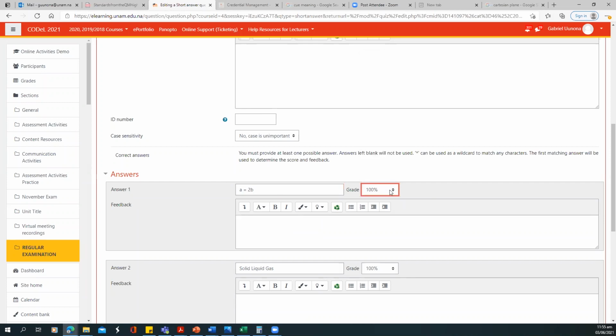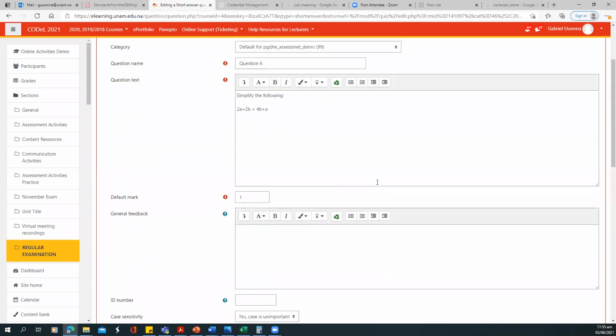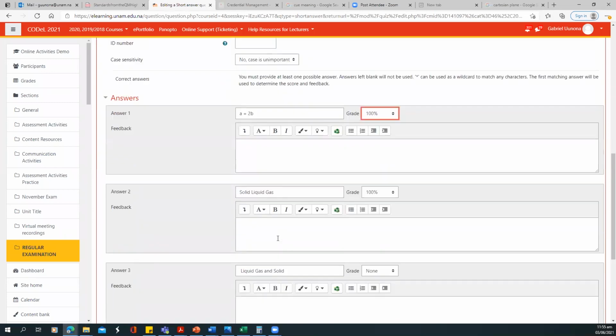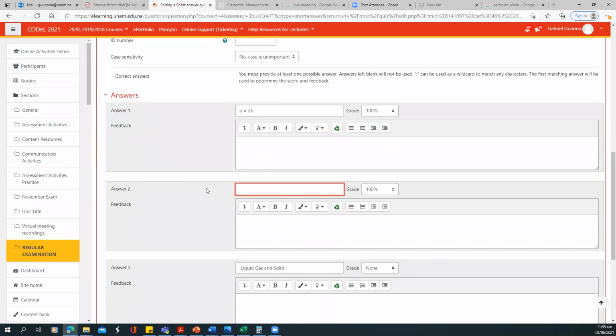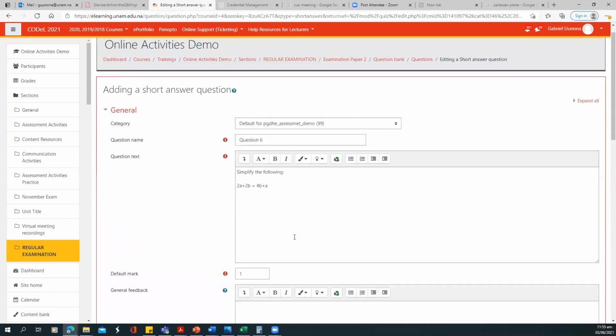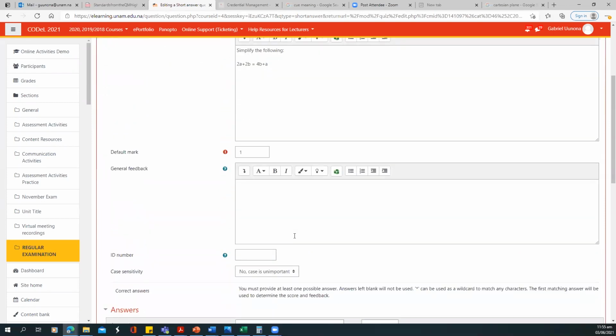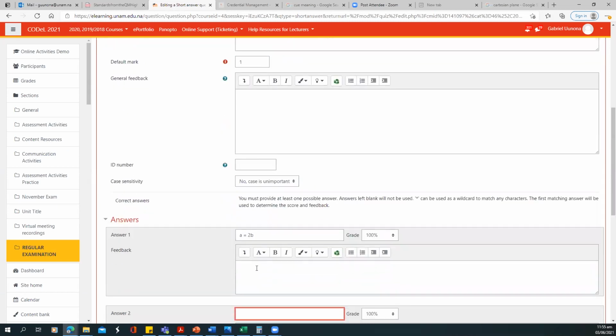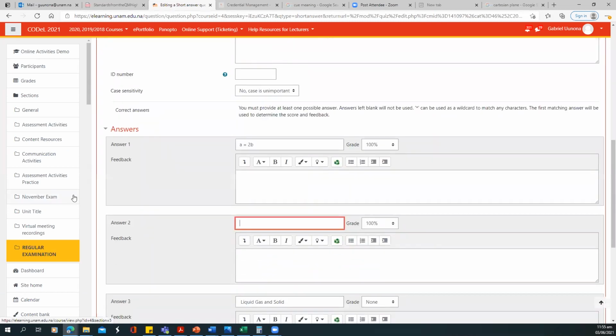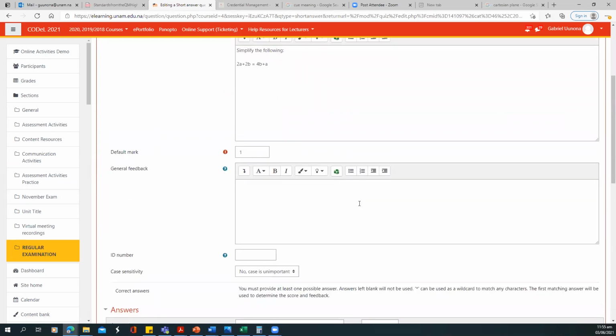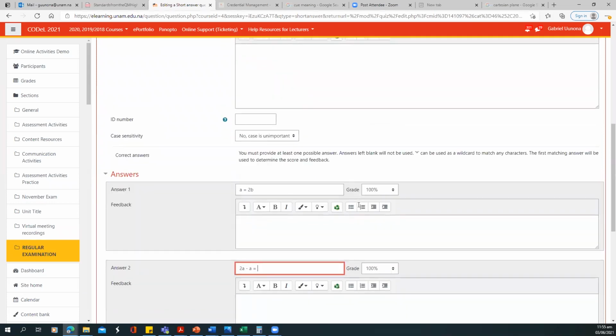You give 100% here, but some students might not have grasped or attained the outcome very well. They might only collect the like terms and end up saying 2A minus A, which is equal to 4B minus 2B.